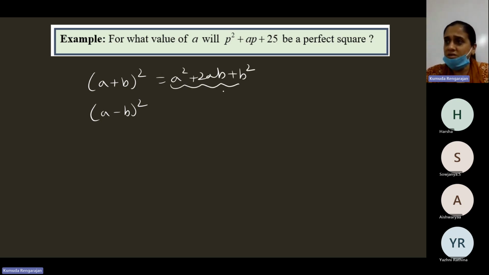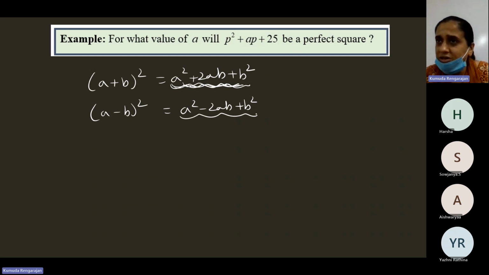This trinomial is a perfect square, the trinomial because it has 3 terms. Now this trinomial is a perfect square because this can be written as a plus b the whole square. And this trinomial, a square minus 2ab plus b square, is a 3-term trinomial. It is a perfect square because it can be written as a minus b the whole square.